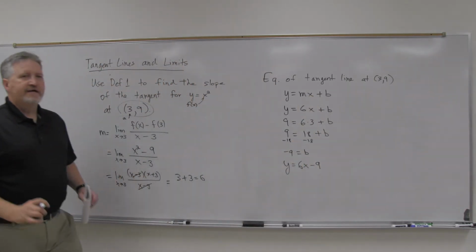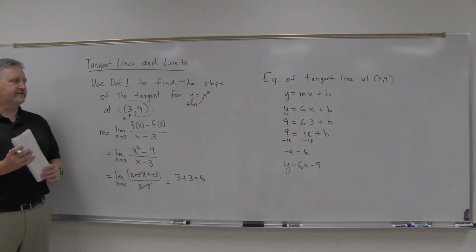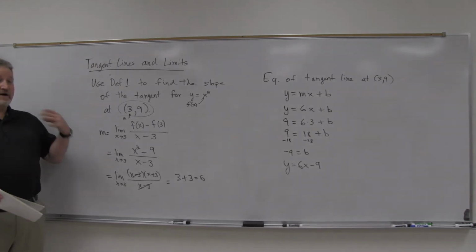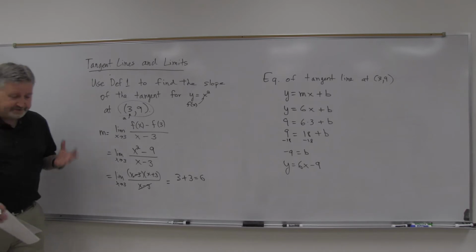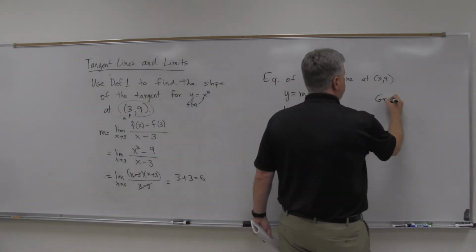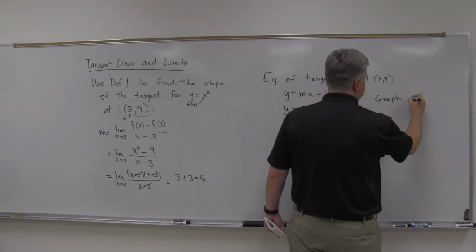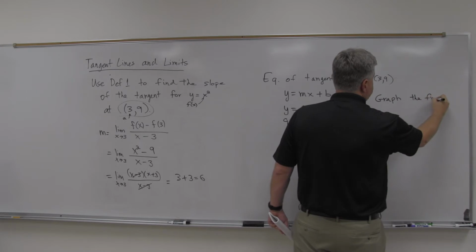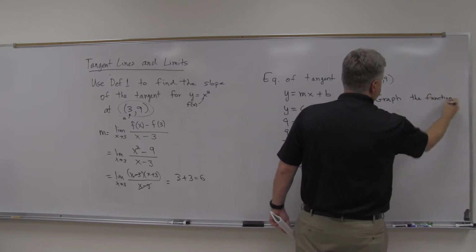So they'll probably have you do that step as well in some of these problems. But the thing I wanted to mention here is let's go ahead and graph the function and the tangent line that we found here.